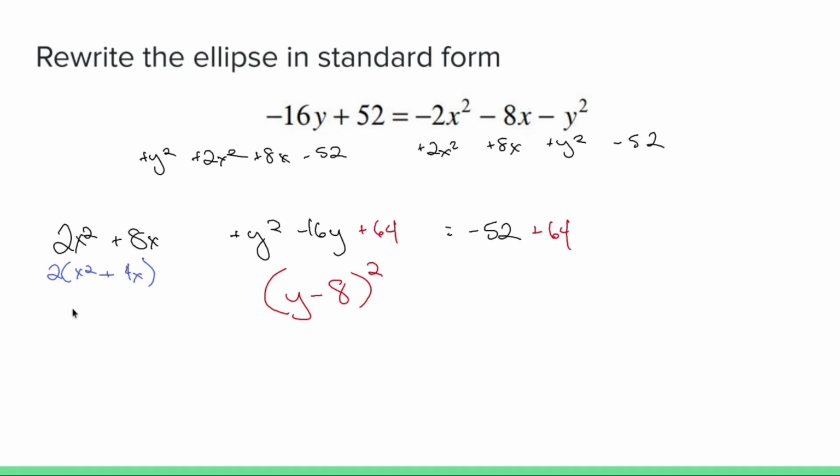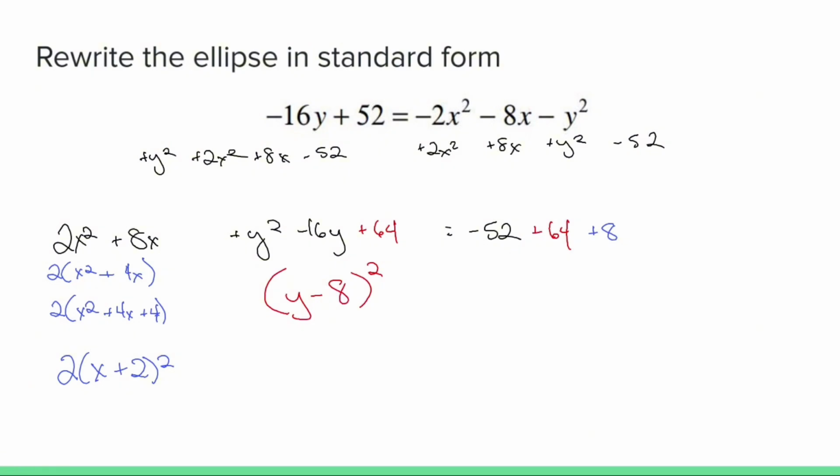Square that and add that in. So you get x squared plus 4x plus 4. Now that's attached to a 2 that's here. So if I add stuff to both sides, I'm not adding 4 to both sides. I'm adding 4 times 2, which is 8, to both sides. So now this turns into 2 times x plus 2 squared.